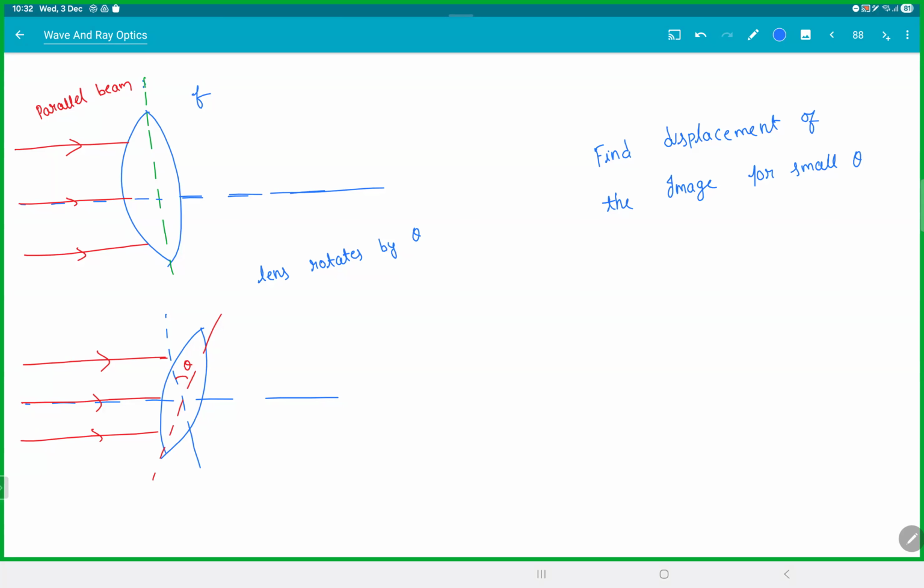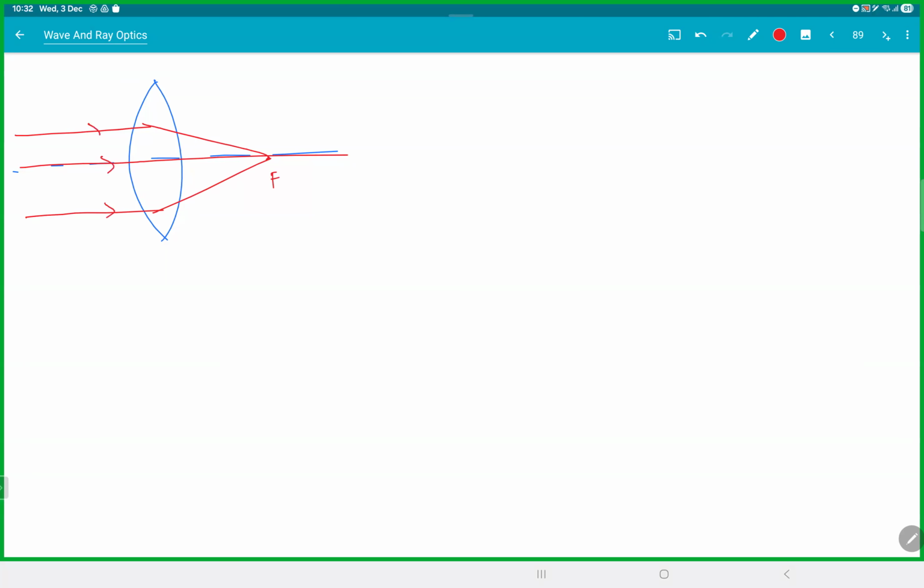Remember what was the concept here? The idea was this. Initially, if the light beam is coming parallelly, the image will form at the focus. I'm just more keen on this: how do you trace the images? Now, when you tilt this, the principal axis also will get tilted by an angle theta.